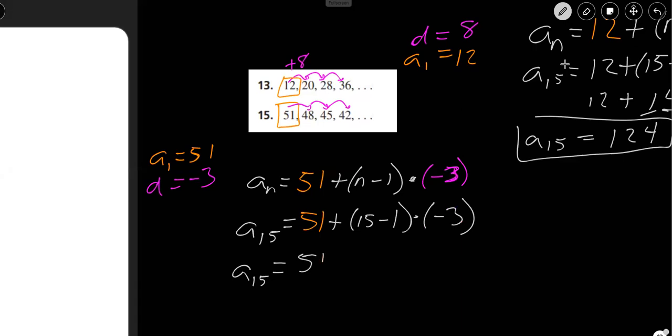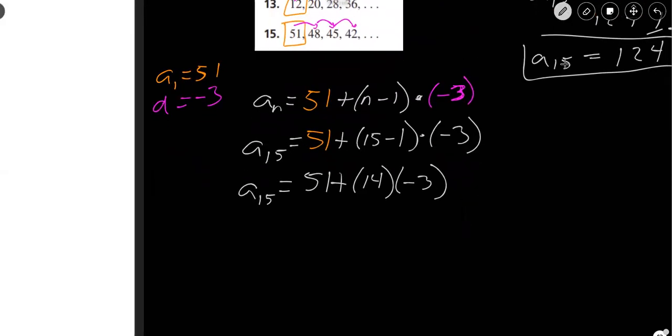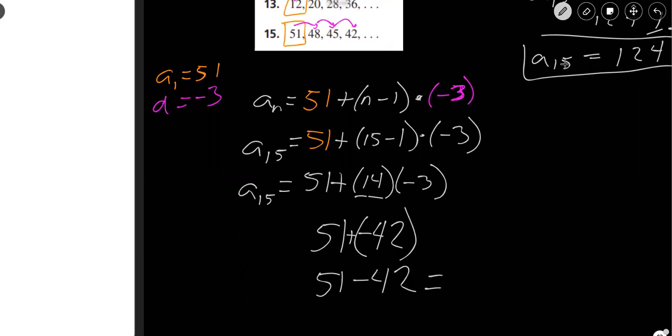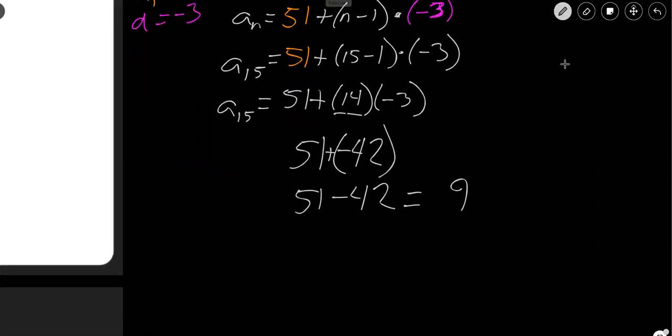So it's 51 plus 15 minus 1, which is 14, times -3. 14 times -3 is -30, -12, -42. So I've got 51 plus -42, which is just 51 minus 42, and that equals 9. So at A15, my value is 9. And again, we're done.